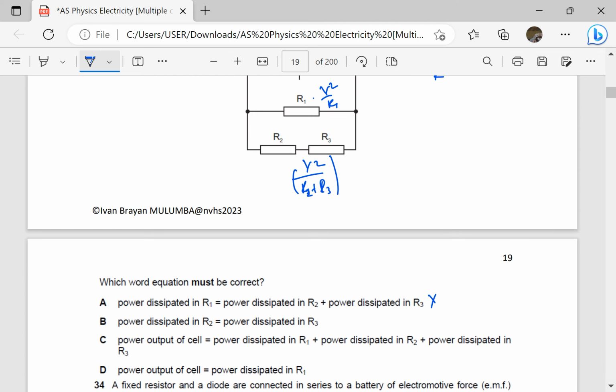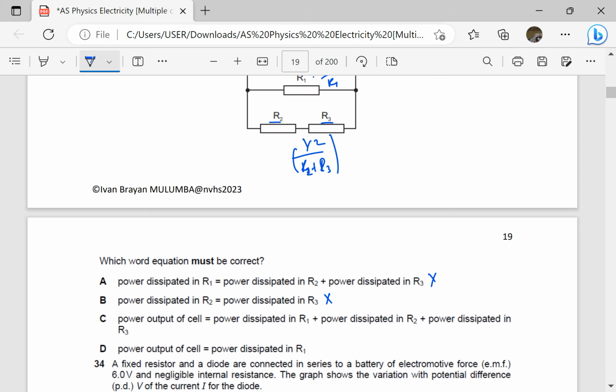Power dissipated in R2 is equal to power dissipated in R3. That will depend on the magnitudes of R1, R2, and R3. Although the current will be the same, the PD will not be the same, so that is not correct. The reason this is not correct is that there is nothing showing that R2 plus R3 gives us R1.